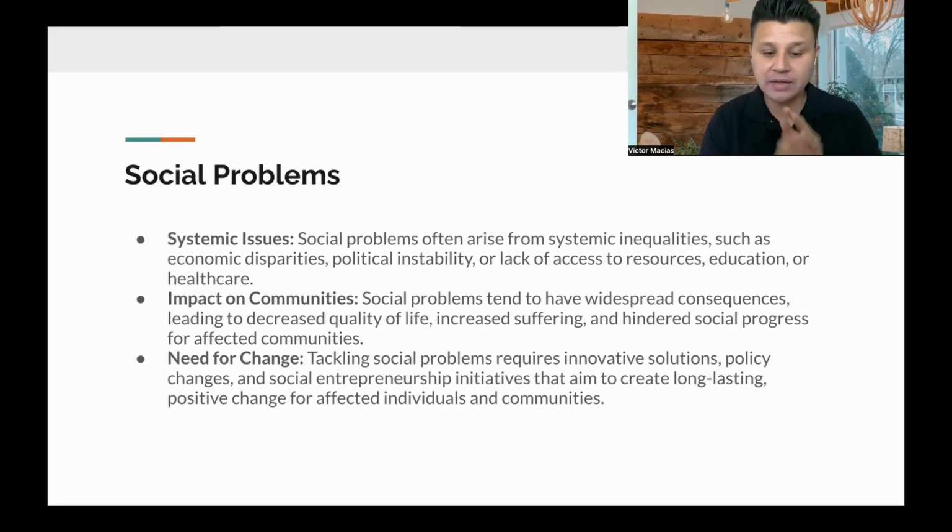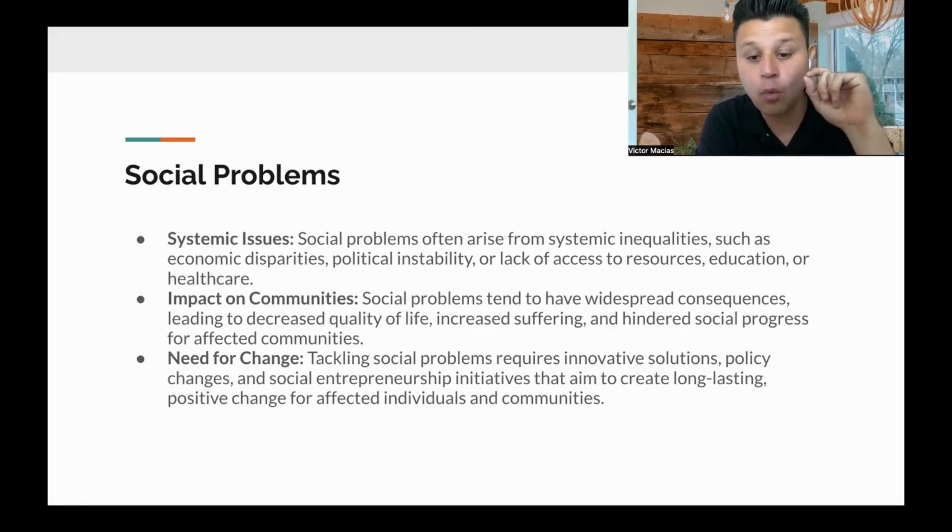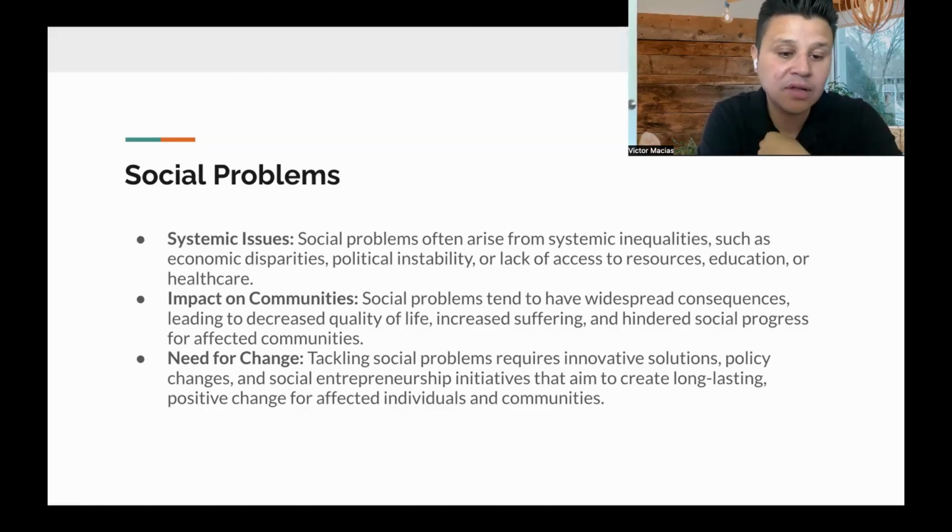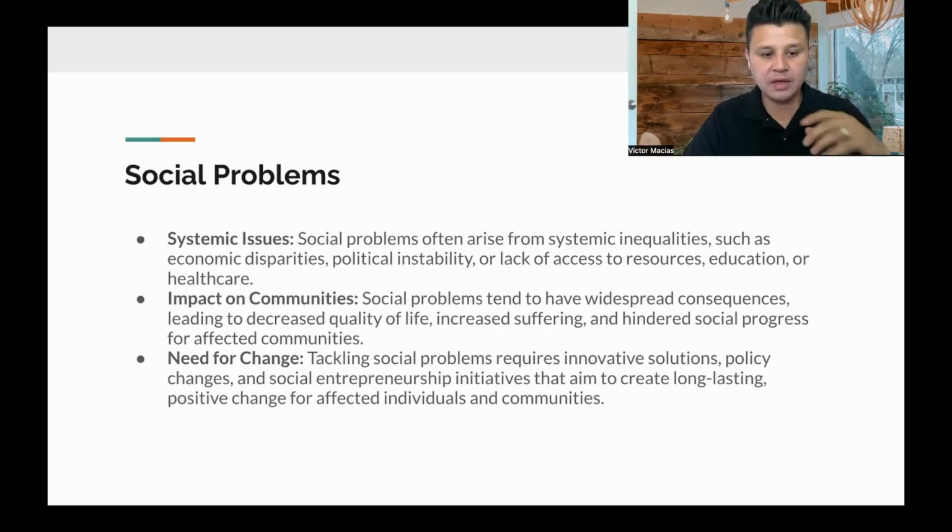And we have impact on communities, so social problems that have widespread consequences, leading to decreased quality of life, increased suffering, hindered social progress. So we can talk about obesity, for example, being a social problem that impacts a lot of societies. Things that need a change.